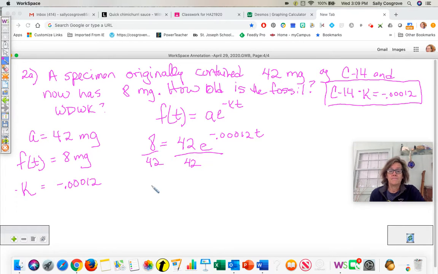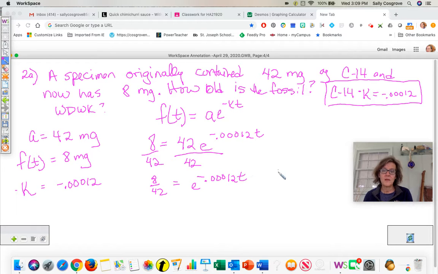And now we have 8 over 42. Just leave it. Equals e to the negative 0.00012 t. And now we're at the wall. E to the stuff equals number. So we can't go any further, but look where the variable is. So we've got to logify, right? And oops, that's supposed to be a t.